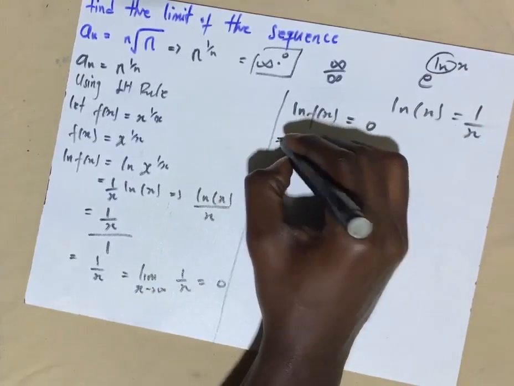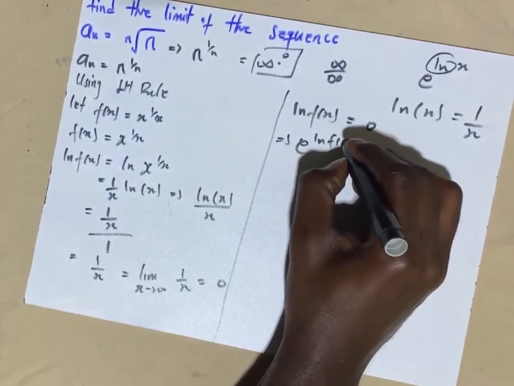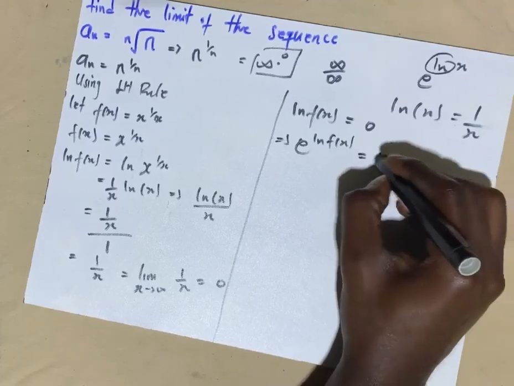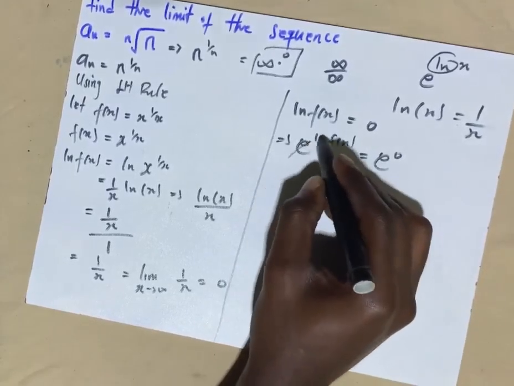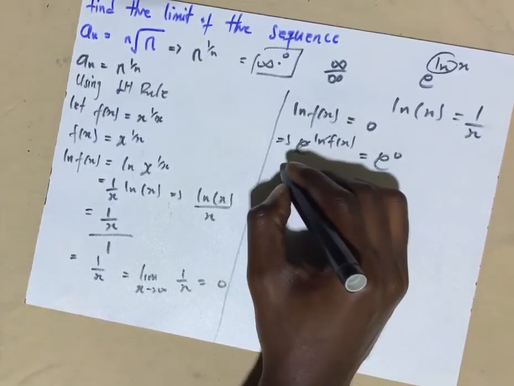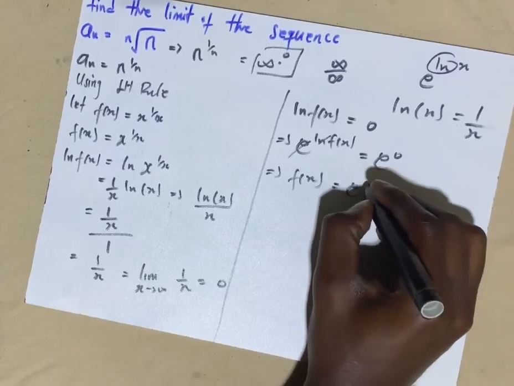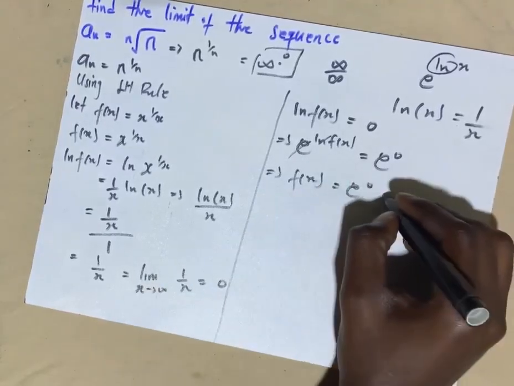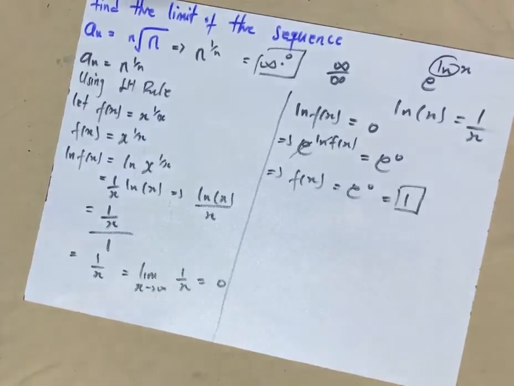So you raise this one to the power e, and you do the same thing to the right hand side. Eventually this e is going to cancel this ln. So we get f of x is equal to e exponent 0, and e exponent 0 is equal to 1, which means this sequence converges at a value of 1.